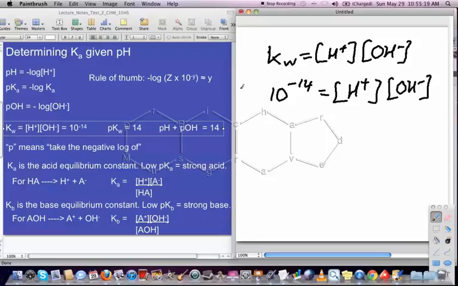Now if I take the negative log of this side and I take the negative log of this side, here's what I'm going to end up with.